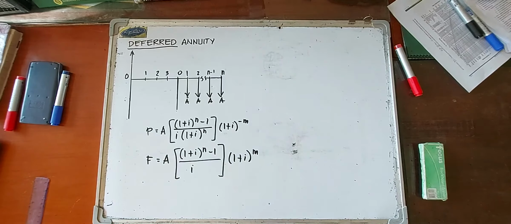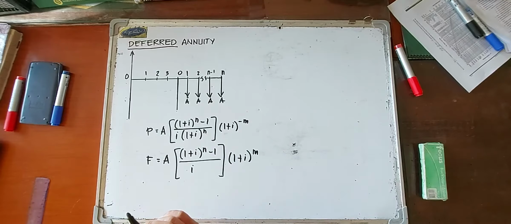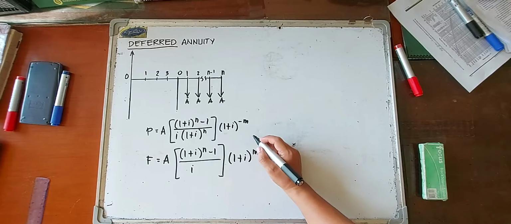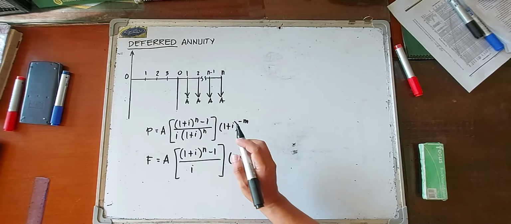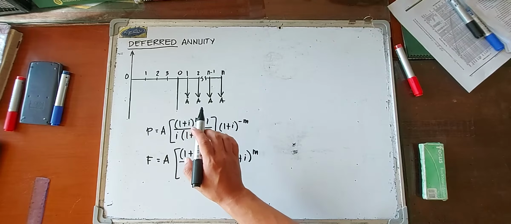How do we solve problems that involve deferred annuity? The formulas below were derived using the concept of equivalence and equation of value. So basically, we're going to apply the concept of economic equivalence.